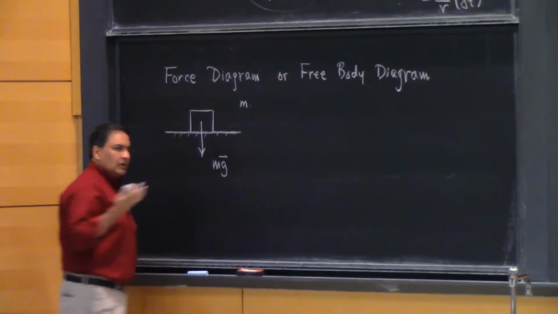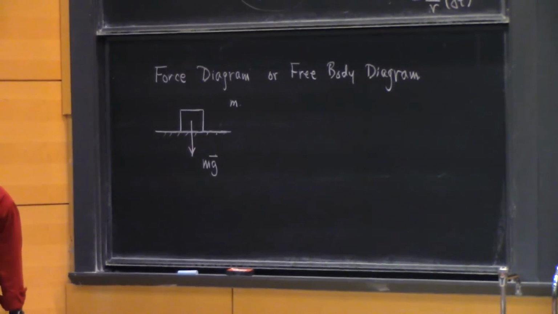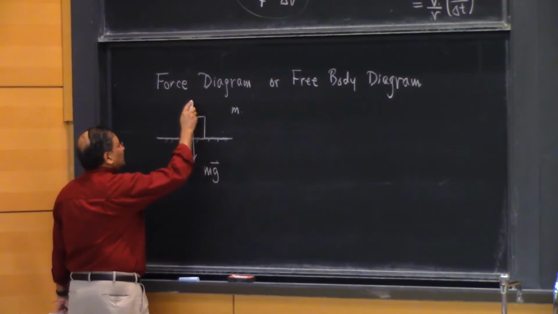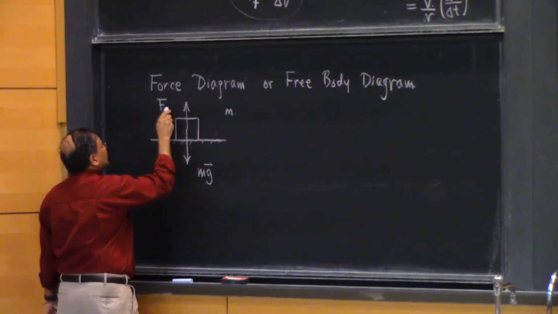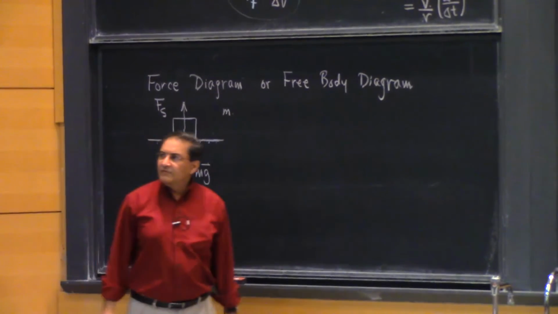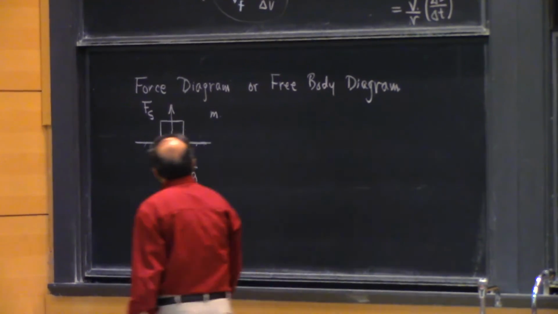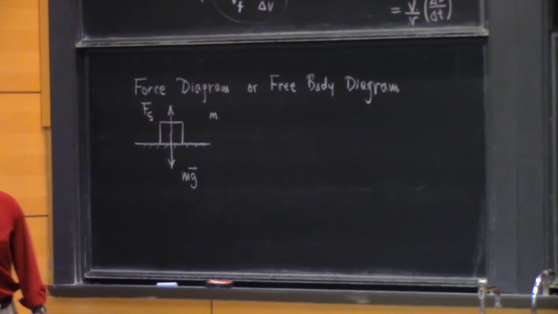And by Newton's third law, which basically says that action is always accompanied by some kind of a reaction force, you should have some kind of a force like this, which would be your surface force. So that's the vertical part of the story.